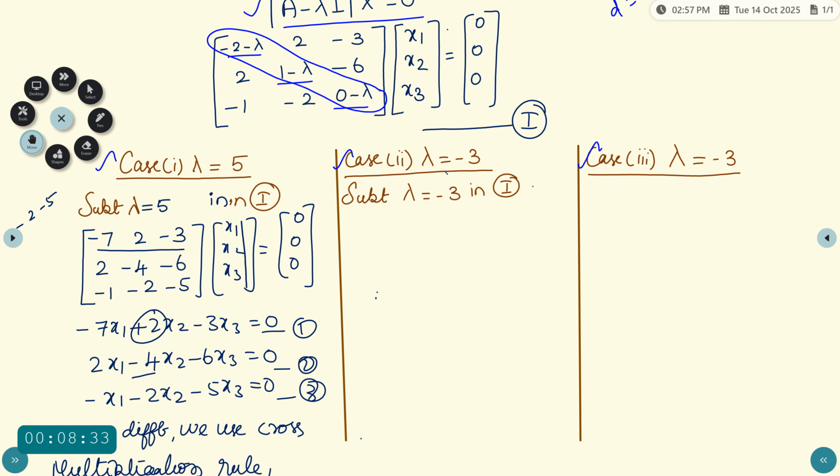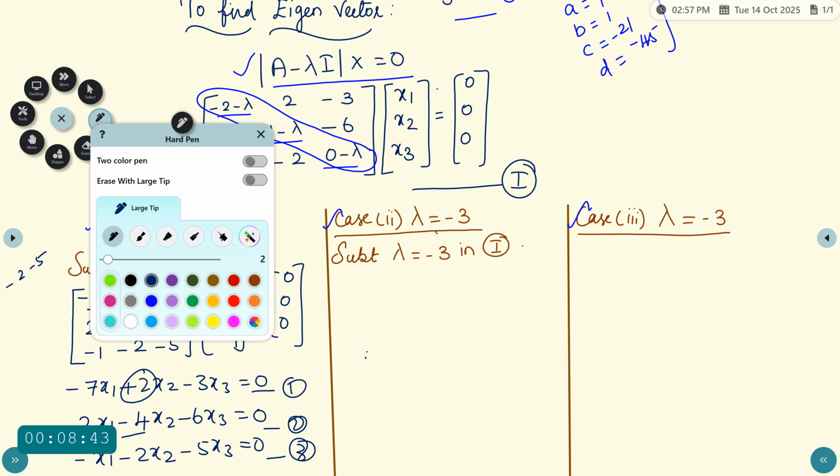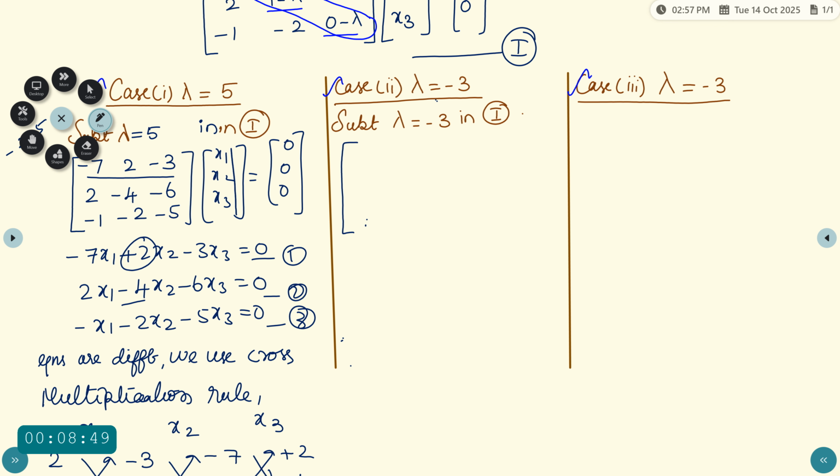Next we are going to see case 2. Case 2: we substitute lambda equal to minus 3. The matrix we are getting is 1, 2, minus 3; 2, 4, minus 6; and minus 1, minus 2, 3.